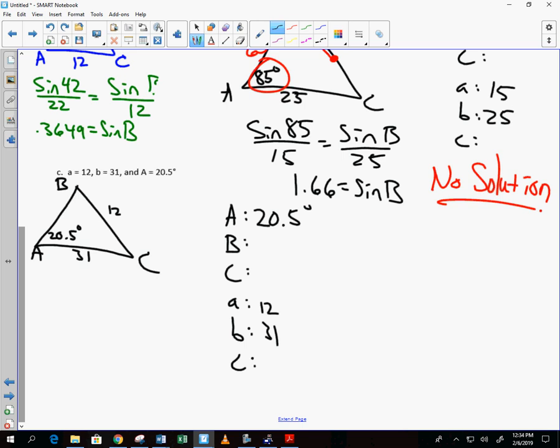Everybody okay? All right. Everybody agree we're at side-side-angle? So now, is the side opposite the angle longer or shorter than the other given side?